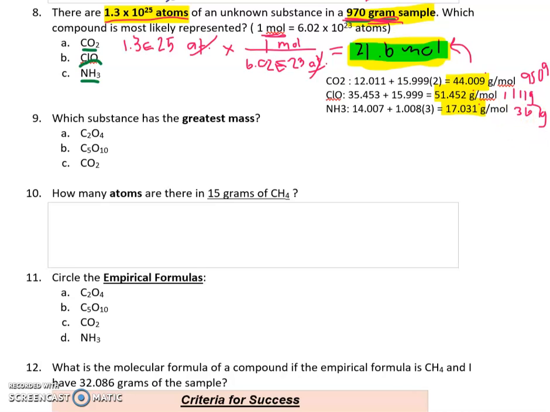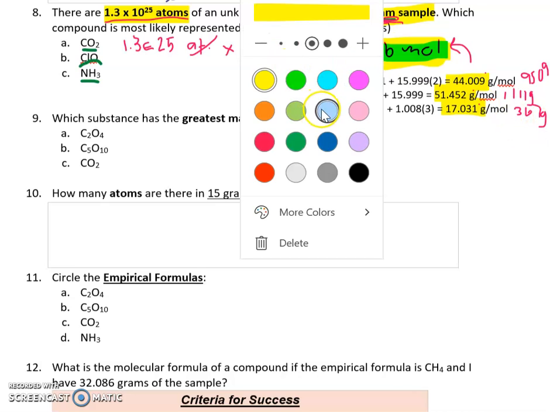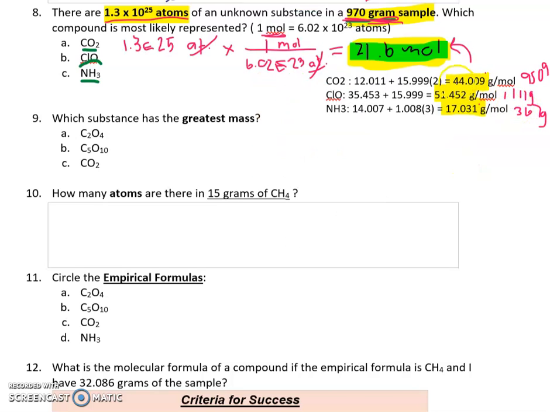So now we have to look and see, after I multiplied each of these molar masses by 21.6, which one is closer to 970 grams? Well, 950 seems like the closest one, which belongs to CO2. So the most likely compound represented here is probably CO2.